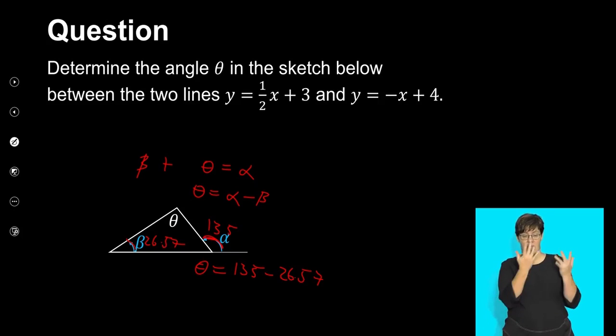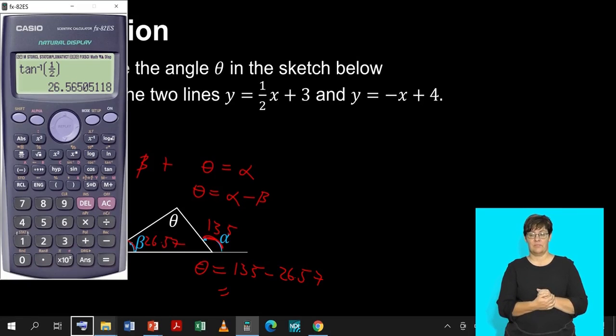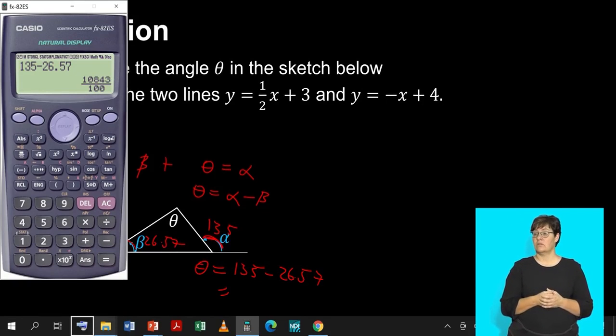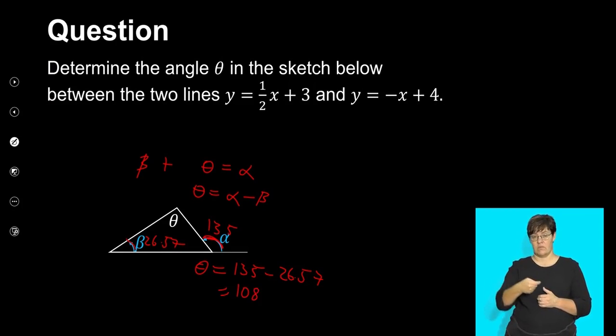I'm going to do that on my calculator to make sure that I get this right. I'm going to get 135 minus 26,57. And if I do that, I'm going to press SD there because I want a decimal answer. I'm going to get 108,43.